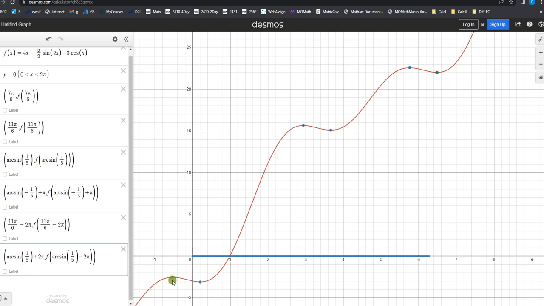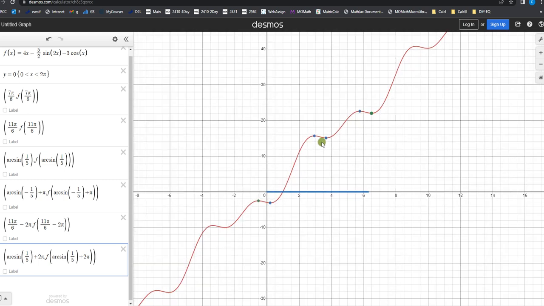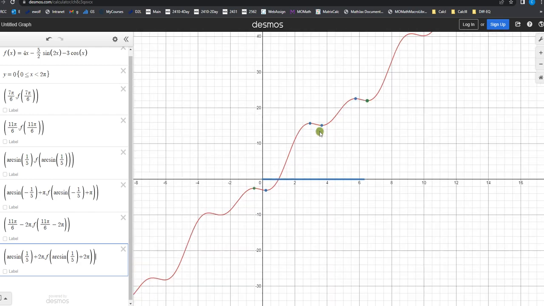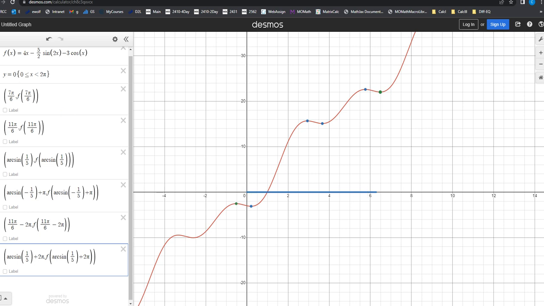You can see that here we have, in green, another location where the graph has a horizontal tangent line, and just to the right of our domain we've got another one. If we were to plug this x value into the function, we'd get a point, and if we sketched a tangent line at that point, that tangent line would be horizontal. But we're not after those green values, we're only after the x coordinates of these blue points here. If I were to zoom out, you can see that we have infinitely many places where this graph has horizontal tangent lines, but we are only considering the locations between 0 and 2 pi.